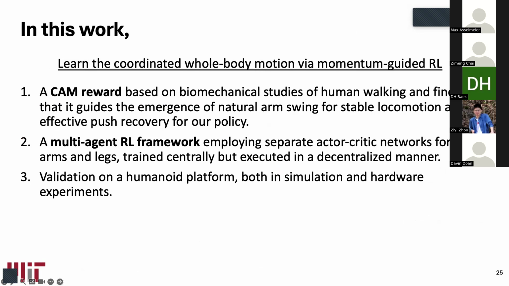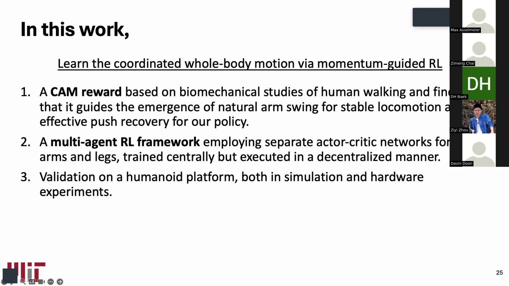Drawing upon the findings from biomechanical studies, in this work we aim to learn coordinated whole-body motion via momentum-guided RL with the following contributions. First, we designed centroidal angular momentum, or CAM, rewards based on biomechanical studies, as you saw before. It guides the emergence of natural arm swing motion for stable locomotion and also effective push recovery under unexpected external perturbations.